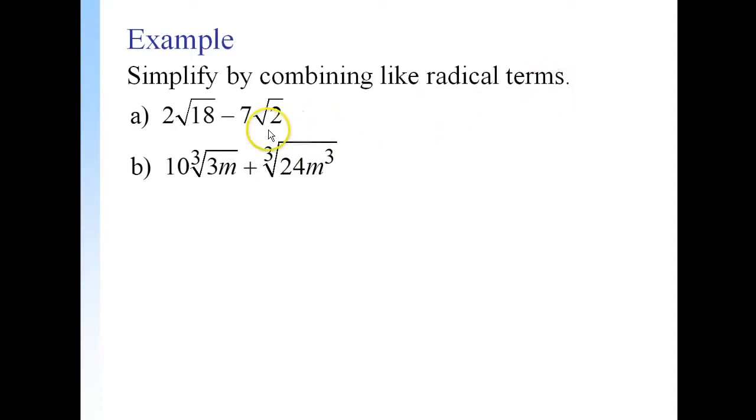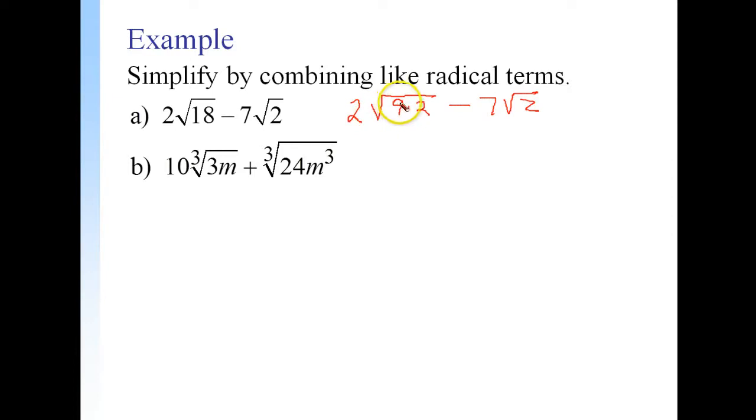And some more here. And you might say, well, wait a minute, these aren't like radicals. Well, that's true. Not yet. But let's do a lesson we had earlier. So we said that 2 square root of 18 can be converted to 9 times the square root of 2, minus 7 square root of 2.